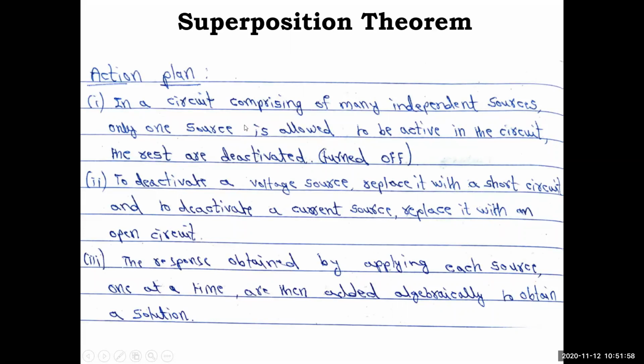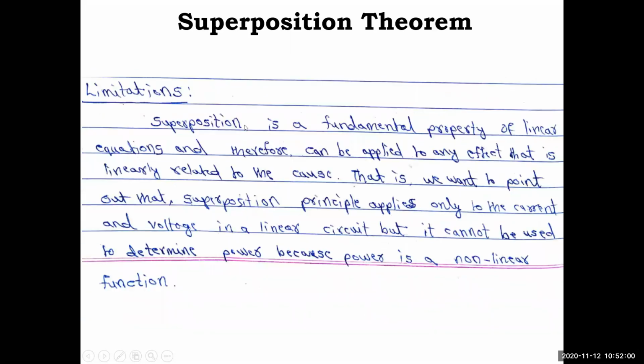There are some limitations with this theorem; it may not be applied to everything. Superposition is a fundamental property of linear equations and therefore can be applied to any effect that is linearly related to the cause. It should have a linear relationship with the excitation. The superposition principle applies only to current and voltage in a linear circuit, because current sources and voltage sources are linear.